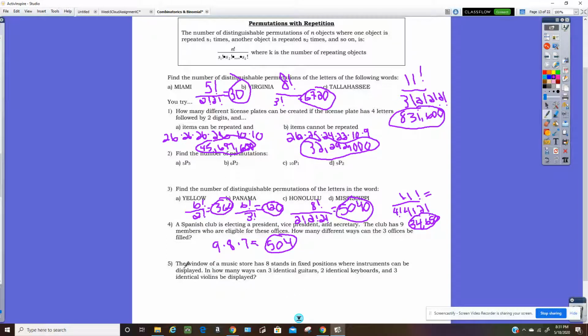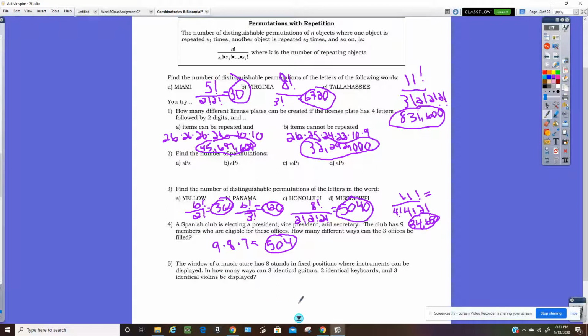And the final question here: the window of a music store has 8 stands in fixed positions where instruments can be displayed. In how many different ways can three identical guitars, 2 identical keyboards, and 3 identical violins be displayed?